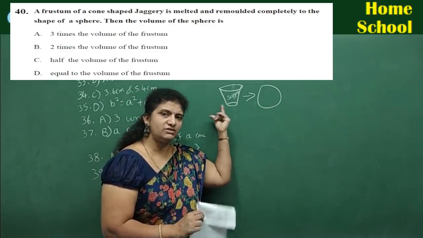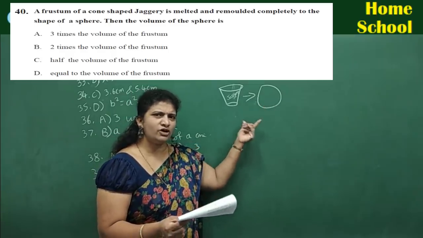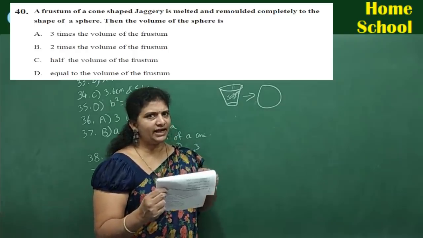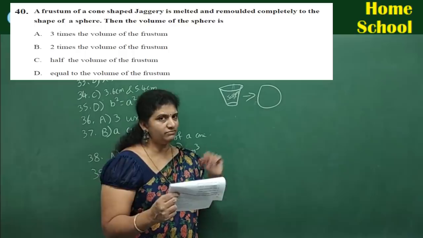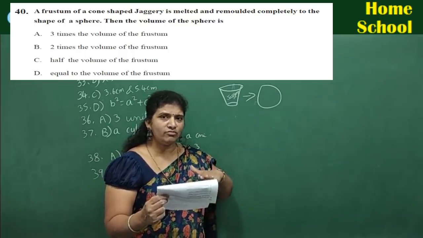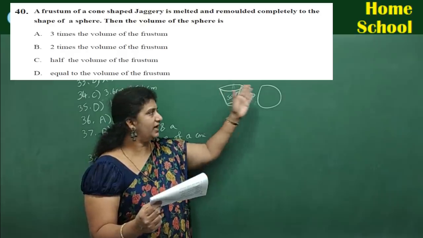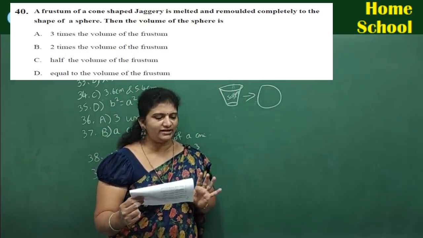Volume of a frustum of a cone is melted to form a sphere. Then what is the volume of the sphere? See the options here. Option A, 3 times the volume of a frustum. No. 2 times the volume of a frustum. No. Half the volume of a frustum. No. Complete frustum is melted and made to form the sphere, right? So option C is also a wrong answer.